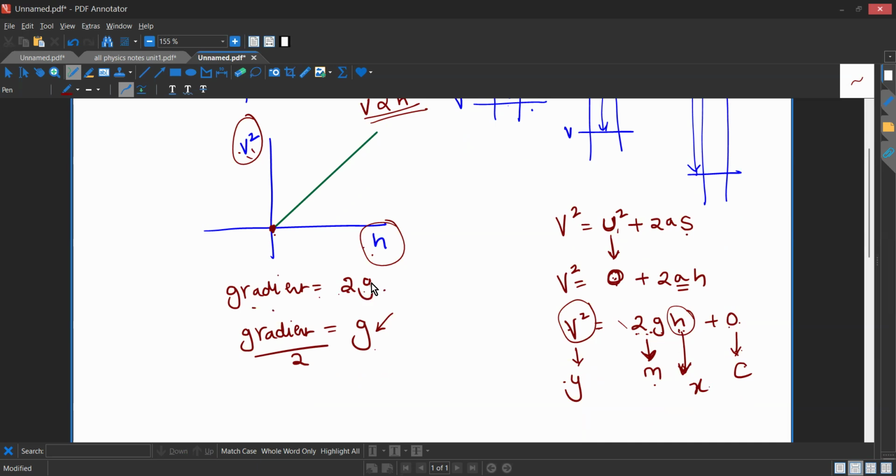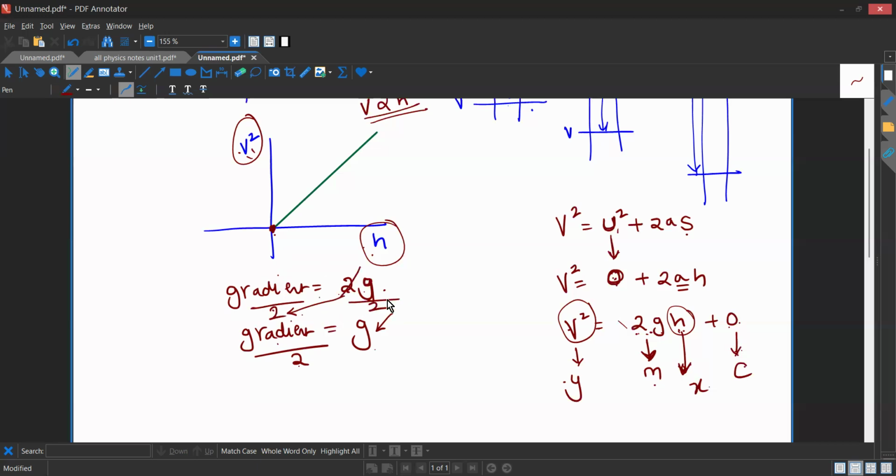But my job is to find the value of g, acceleration due to gravity. Bring the 2 to the division. Gradient divided by 2. Cross multiplication. Or you can also do another way, which other teachers do. Divide both sides by 2.